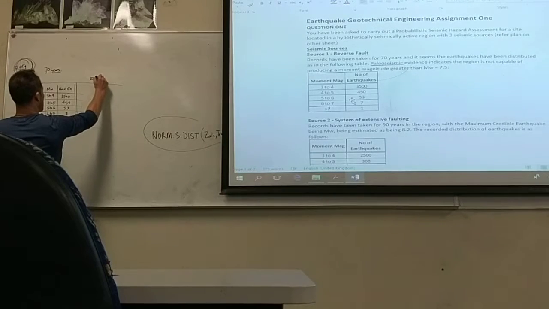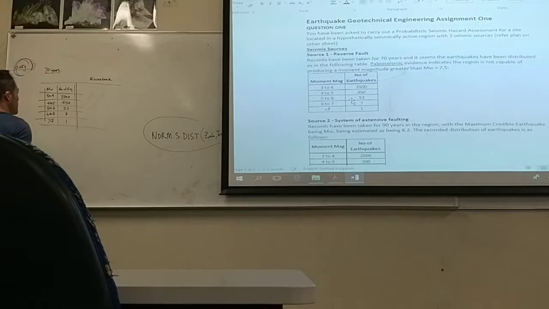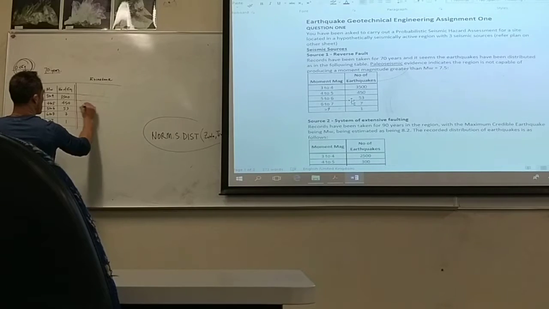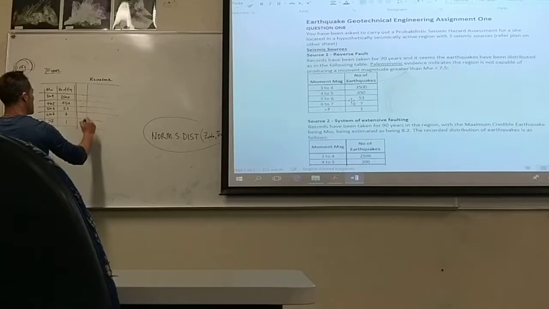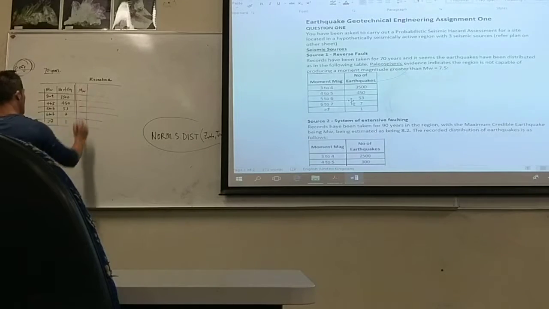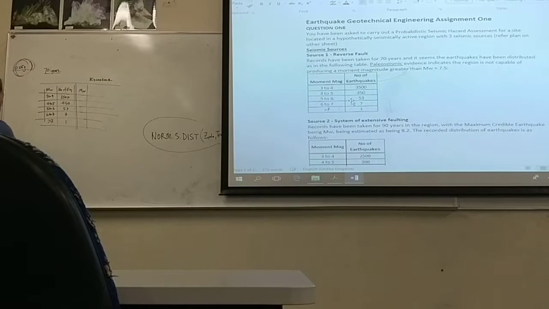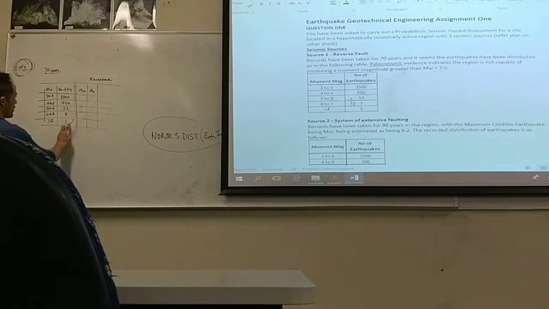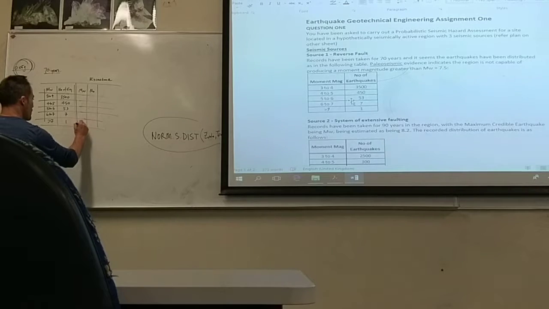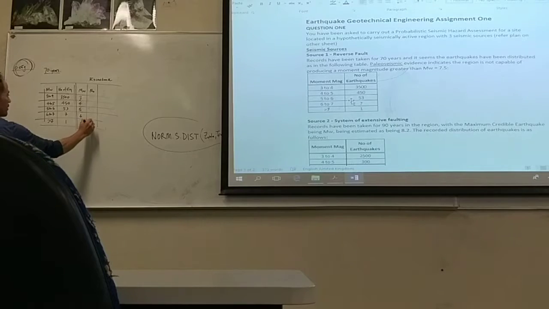Okay, so you start from the bottom. That's the number. So how many earthquakes over 70 years have exceeded 7? 1. How many, oh sorry, I'll put this here. 7, 6, 5, 4, 3, 1, right?